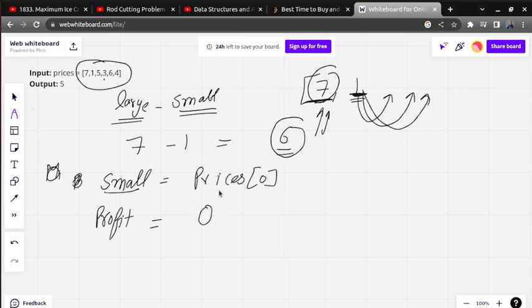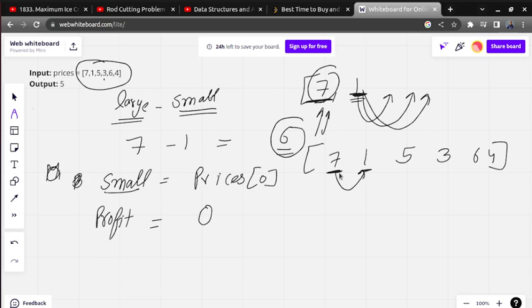Now we are going to traverse the array 7 1 5 3 6 4. Initially we have the smallest value as 7. The next day we come and we get 1.